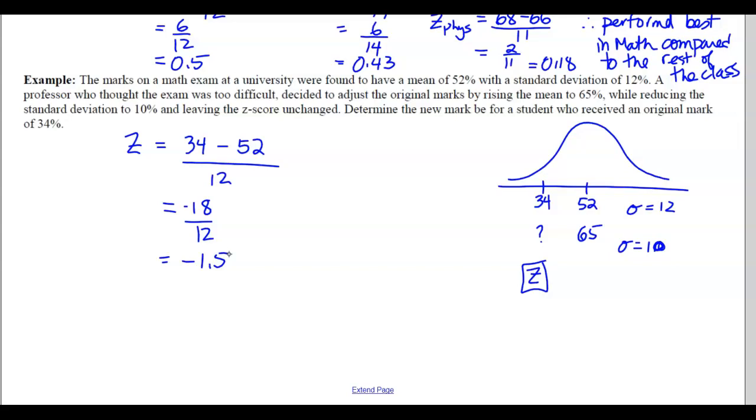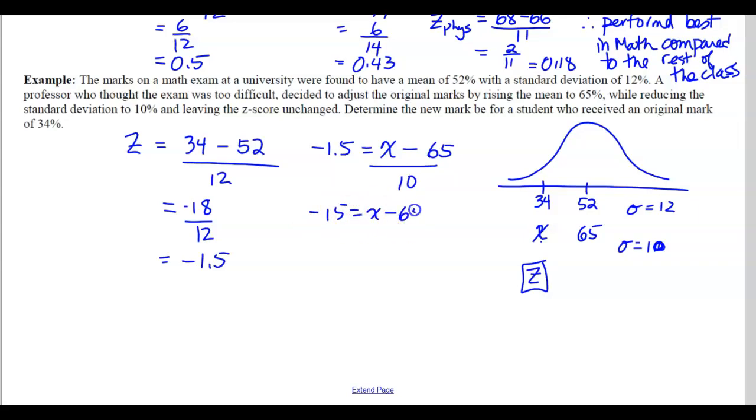So that's still going to be negative 1.5, but I want to know what this data value is, this x. So negative 1.5 equals x minus my new mean, 65, over my new standard deviation, which is 10. So solve for x. So that's going to be negative 15 equals x minus 65.